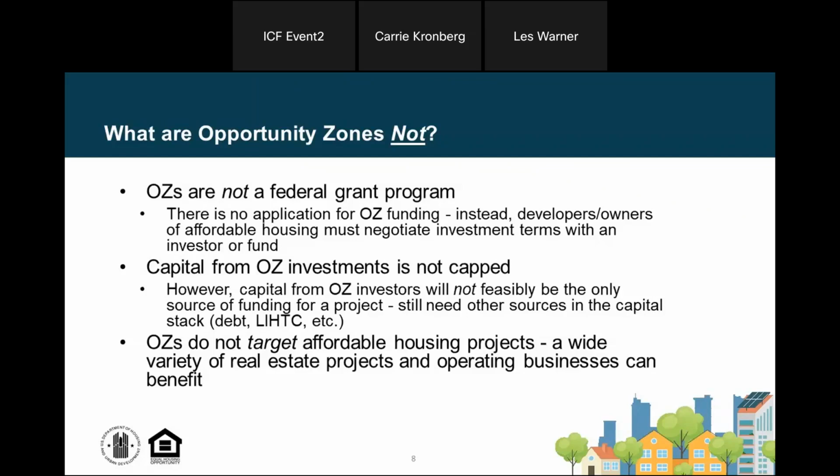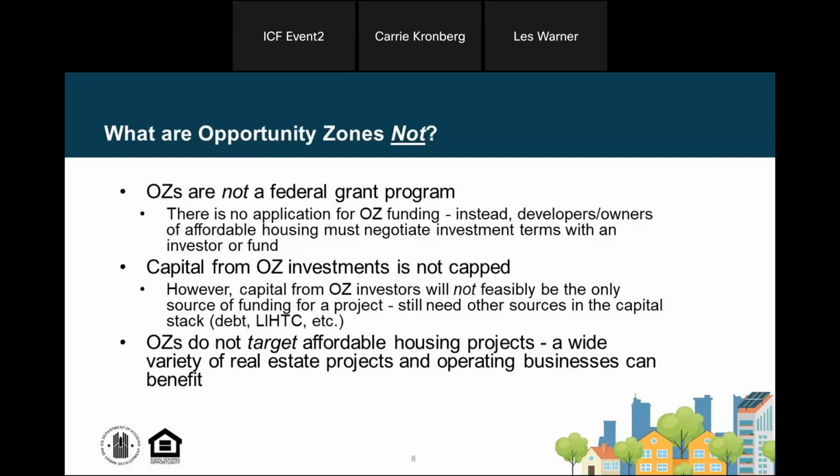Unlike the low-income housing tax credit program, capital can be generated through the OZ investments, and it's not limited. There's not a cap on the amount of investments that can be generated for any one of these OZ designated zones.